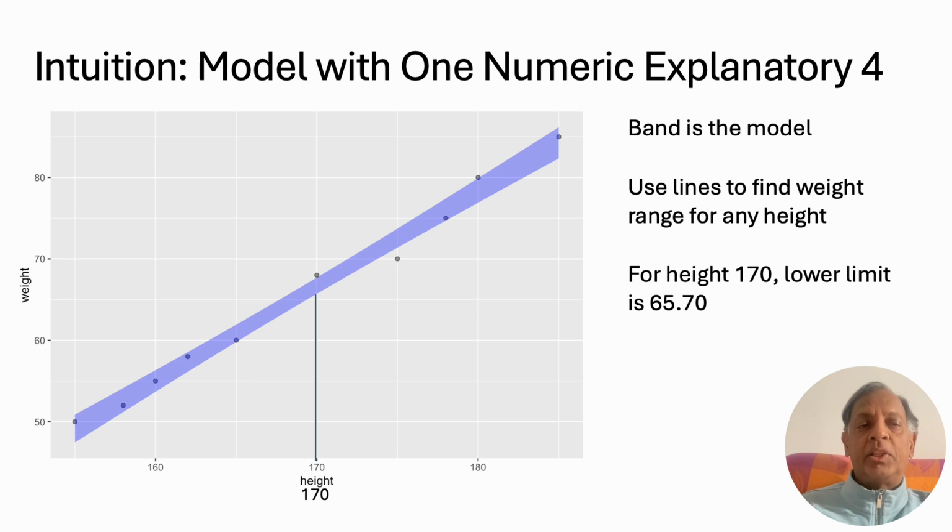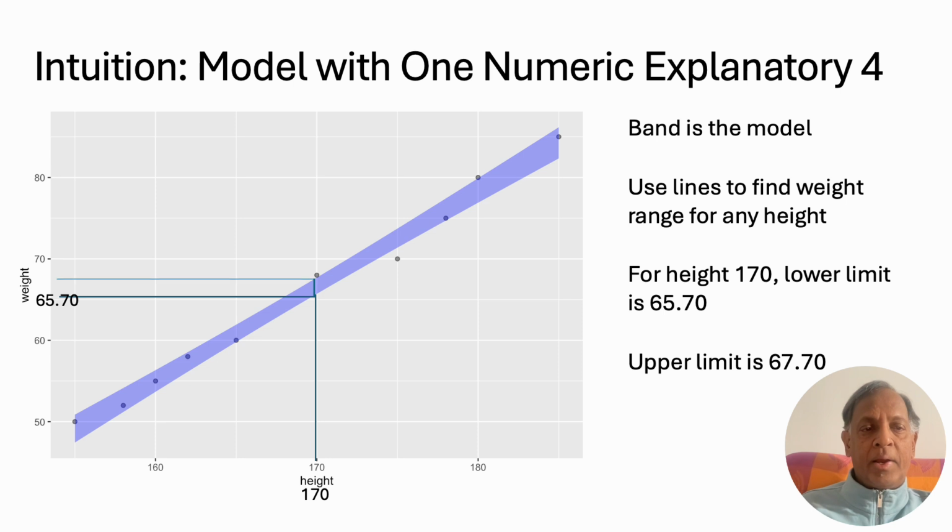We intersect it with the lower end of the model band, and the lower end says 65.7. Then I extend it up to the higher end, and again I draw the line, and the upper end is 67.7. So I say that my model prediction is in the range 65.7 to 67.7. That's the model range.